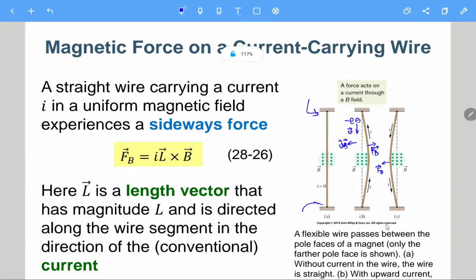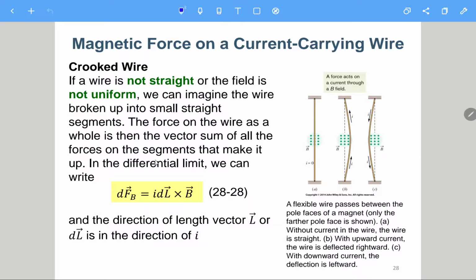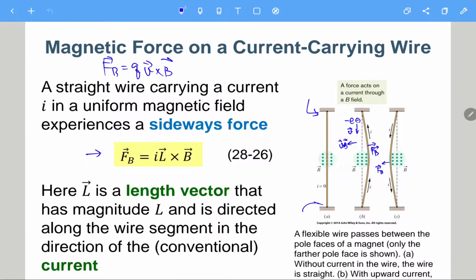And actually, this is the same as FB equals qV cross B, but here we have a wire. Q is I dt.